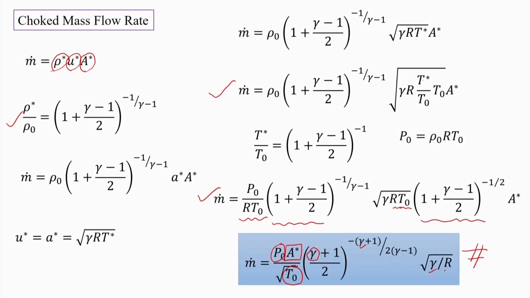Now, this formula we could also use for steam, but it is difficult for us to find out what the gamma and R are for steam, and since it is a two-phase flow, the situation becomes more complicated. But this mass flow rate formula, which is very particular to gas, is going to give us an idea about the nozzle flow, how the nozzle will be choked, and what will happen if the nozzle is over expanded and under expanded.